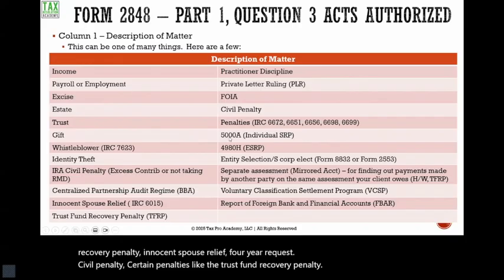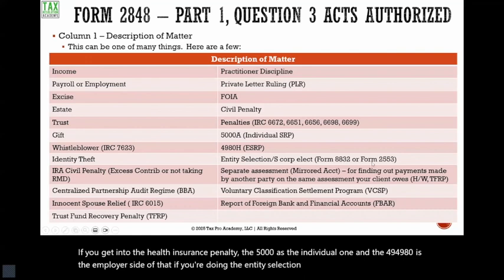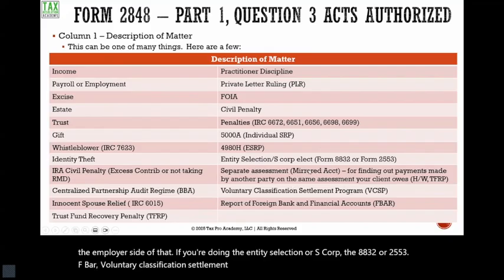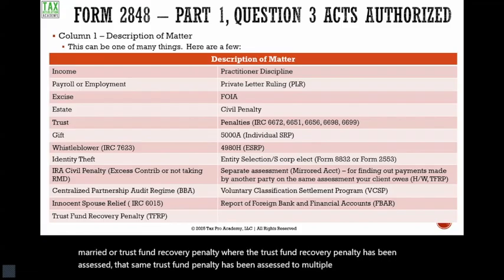If you get into the health insurance penalty, the 5000A is the individual one, and the 4980 is the employer side of that. If you're doing entity selection or S Corp, the 8832 or 2553. Also FBAR, Voluntary Classification Settlement Program, and separate assessment. Separate assessment is when you have a husband and wife who are no longer married, or a trust fund recovery penalty that has been assessed to multiple people.